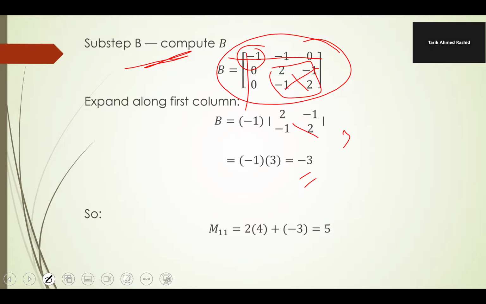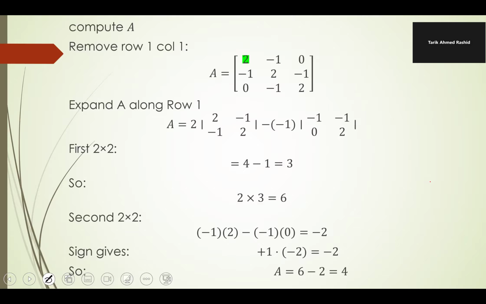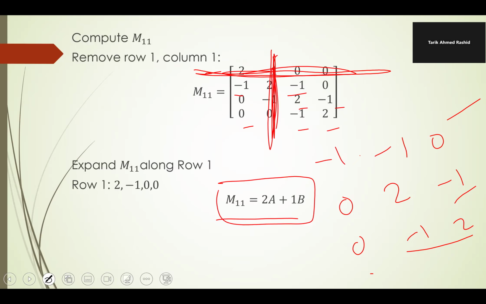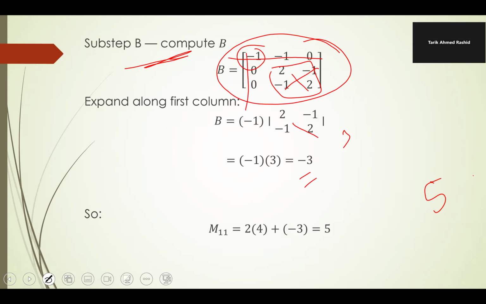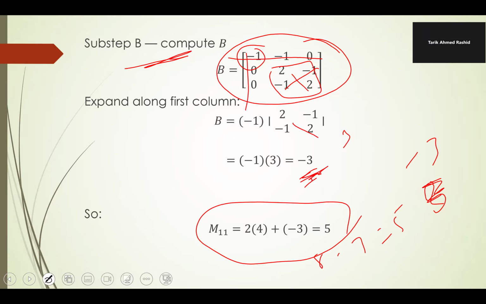And then we have 2a plus b, to get M11. a was 4, b is minus 3. So 2 multiplied by 4 is 8, plus minus 3. 8 minus 3 is 5. So we got M11, 5.